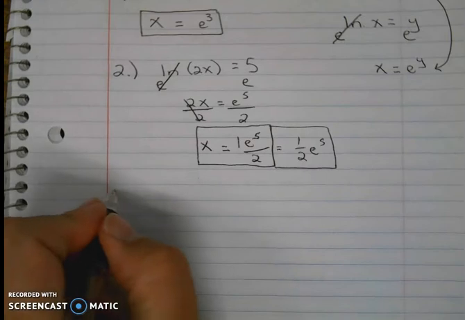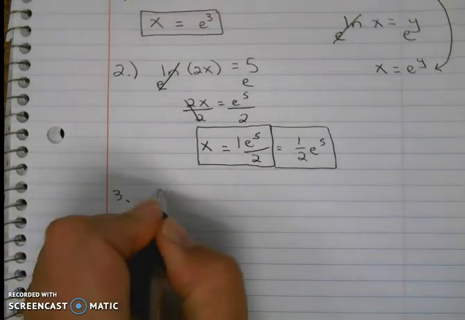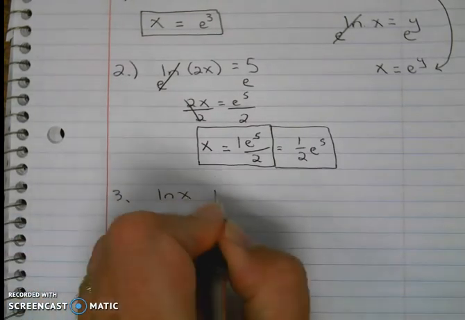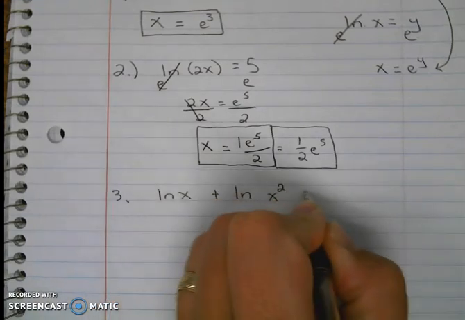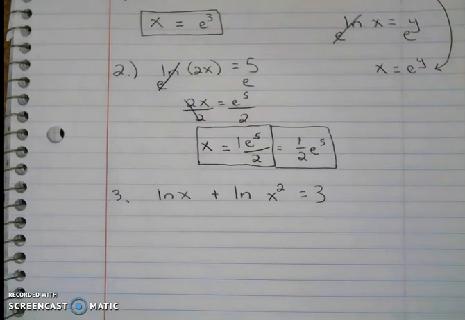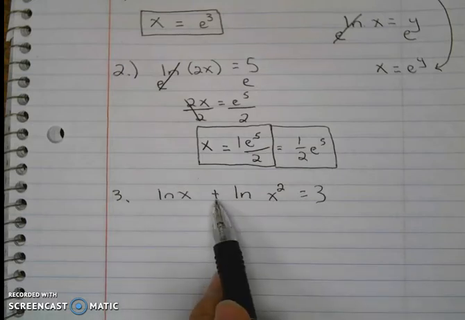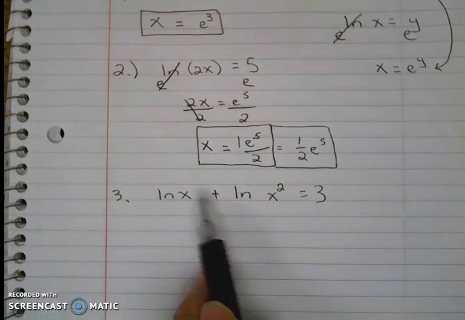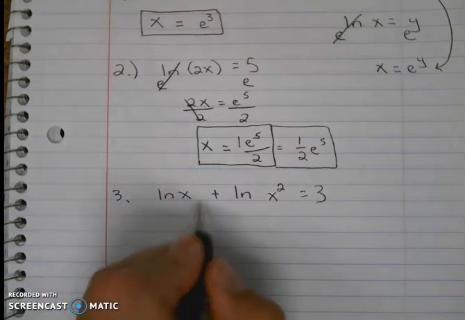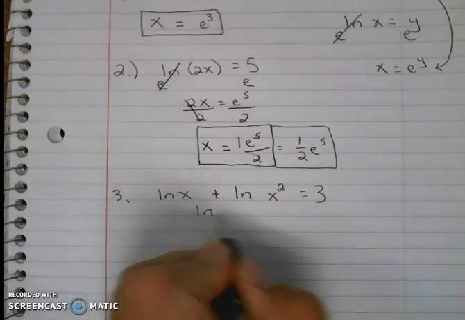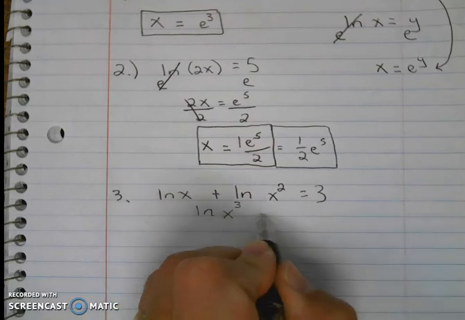Okay, example number 3. Okay, so here's one where we have to use our property of logarithms. Remember that when you're adding logs, you multiply the arguments together. So in this case, this is going to be the natural log of x cubed.